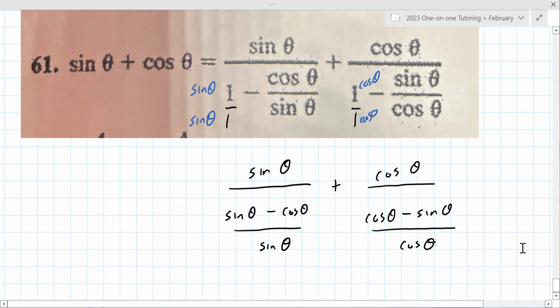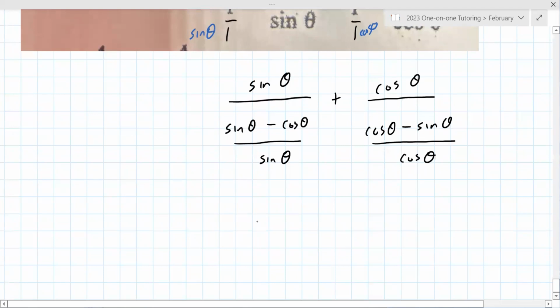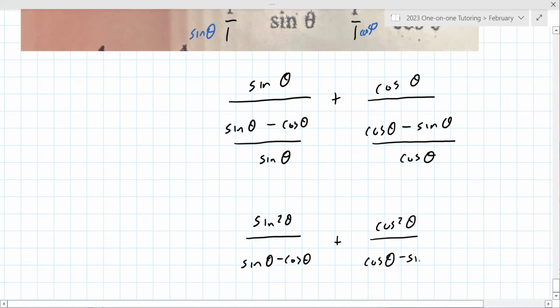Yeah, that's fine. So this becomes sine squared theta over sine theta minus cosine theta plus cosine squared theta over cosine theta minus sine theta. And the difference here is that you have to factor out a negative on the right or the left to make the bottoms match.